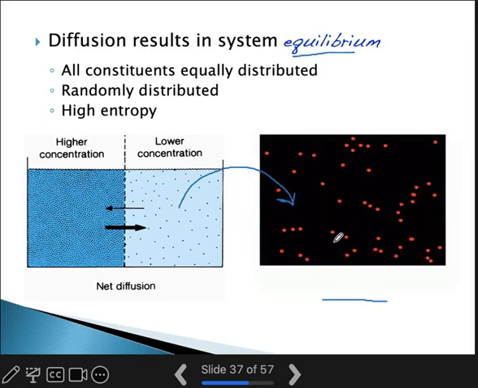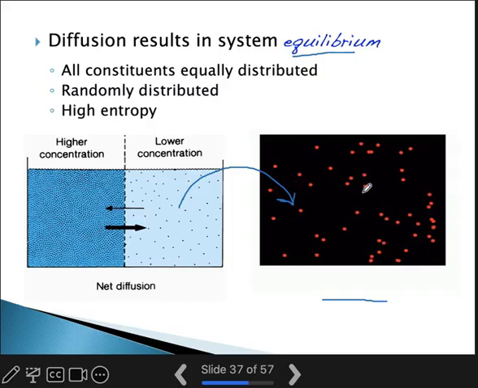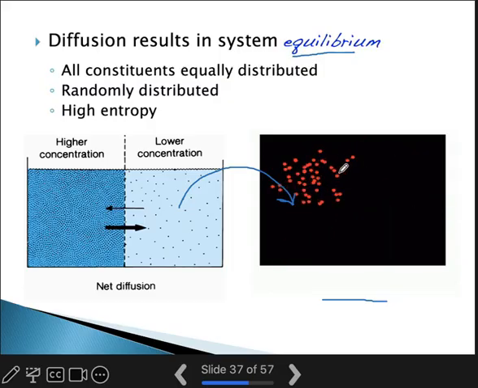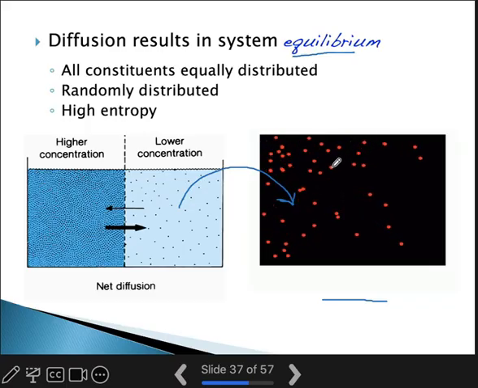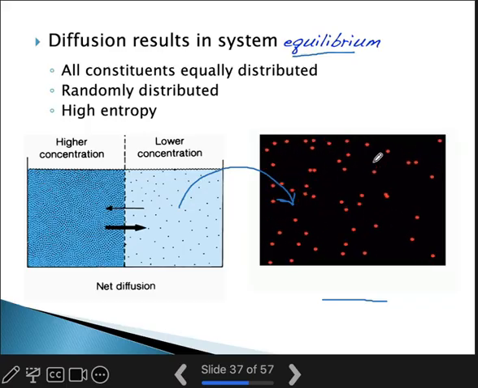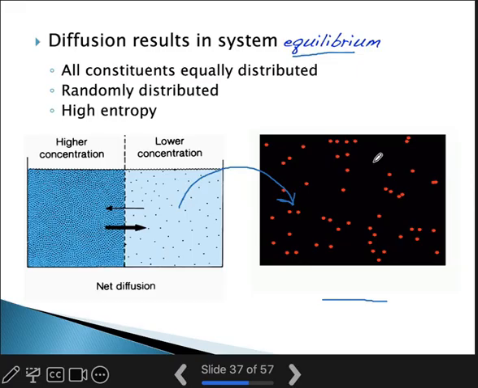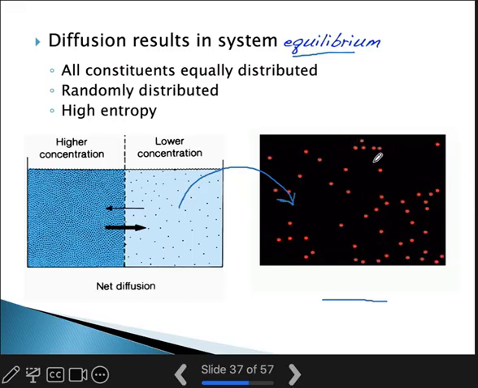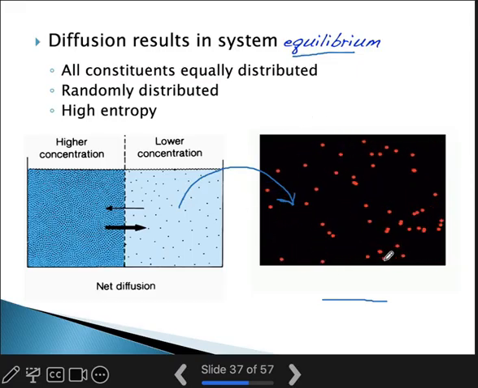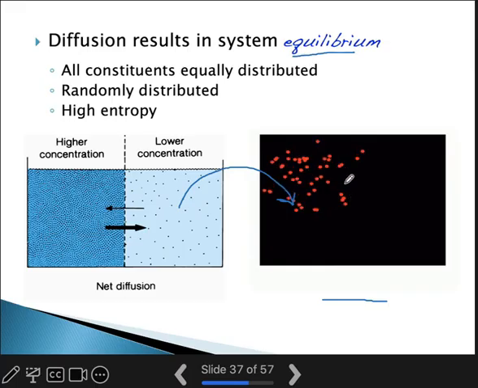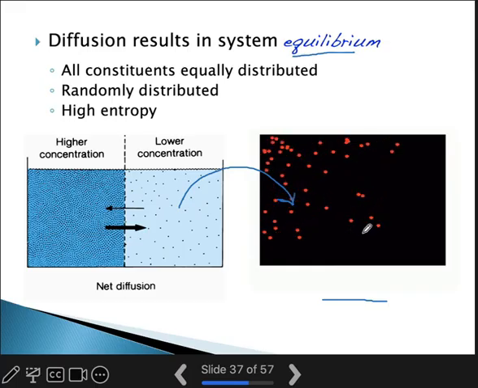All right, so here's an example of that. We're going to look at this GIF. Right now, each of these particles is moving randomly. Each one moves randomly. They move in straight lines until they collide with something. Remember, bombardment changes their direction. And if given enough time, they're going to move from where they're more concentrated to where they're less concentrated.